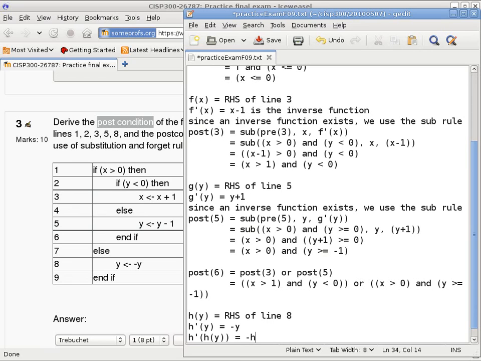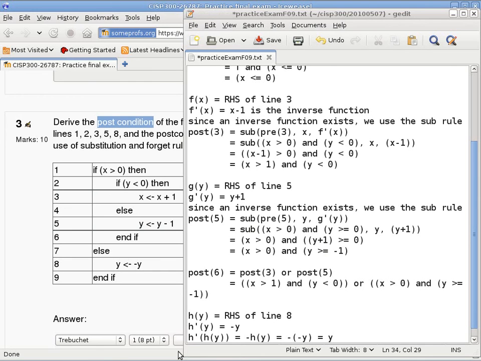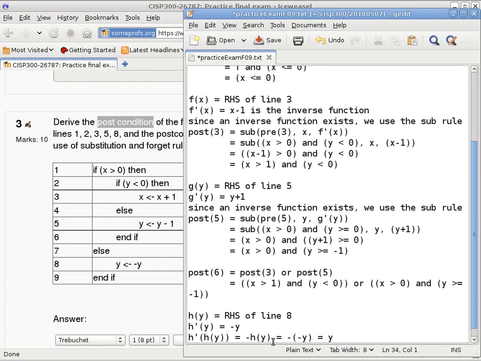So this is basically a proof. I should not use my finger to point anymore because we're doing screen recording. So in other words, h prime applied to h applied to y gives y back to me. This is proof that h prime is in fact the inverse function of h. And in this case, they turn out to be exactly the same thing.